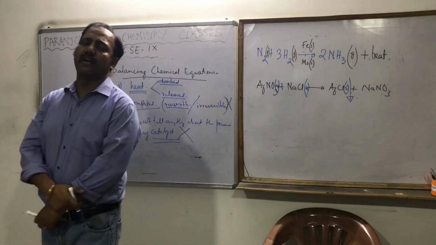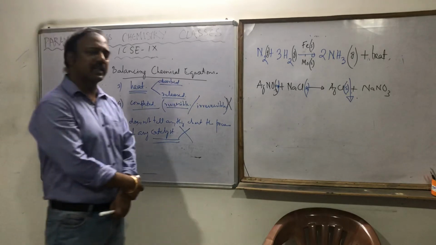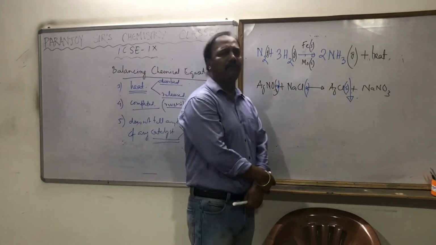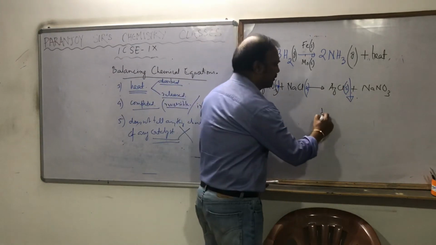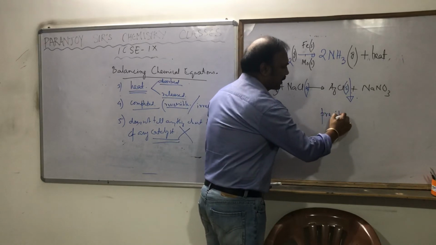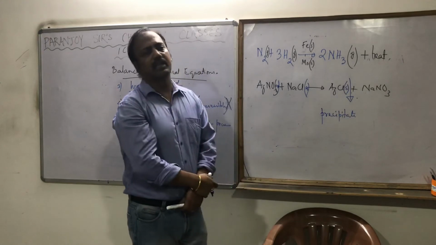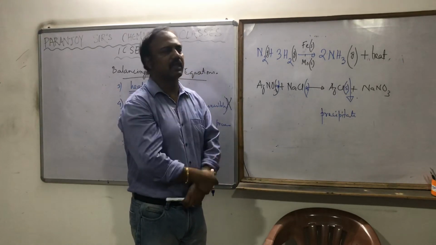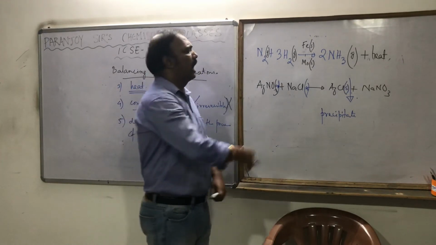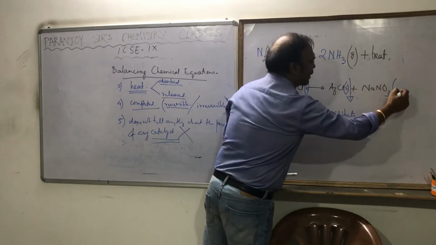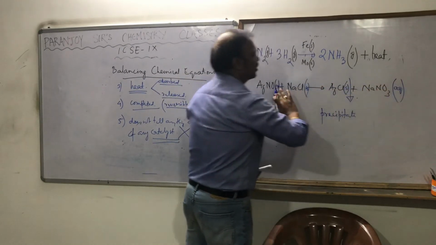Wherever you find a downward arrow, it means during the reaction a precipitate is formed, and that precipitate is settling down at the bottom. And sodium nitrate obviously is in aqueous solution state. So this is your complete reaction.